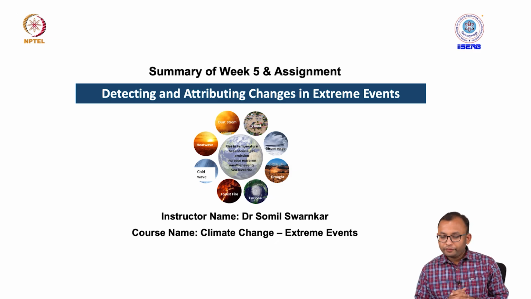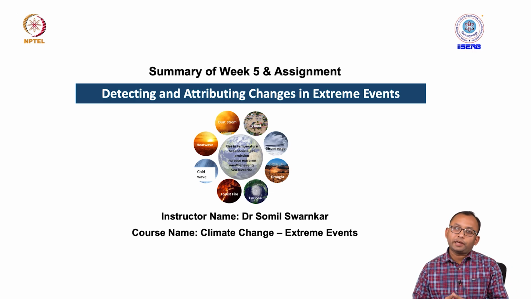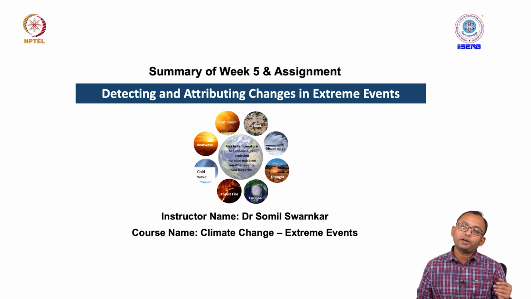So, in this week 5 we have primarily talked about detecting and attributing changes in extreme events. What is detection? Particularly we are looking at whether there are any changes happening in a particular location, whether in your temperature record or your rainfall record.